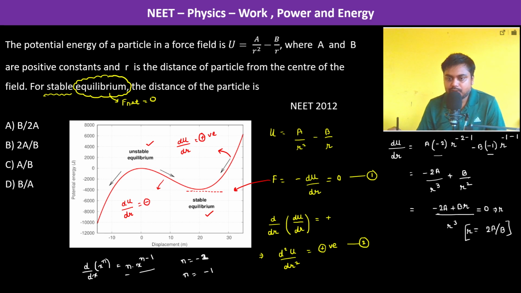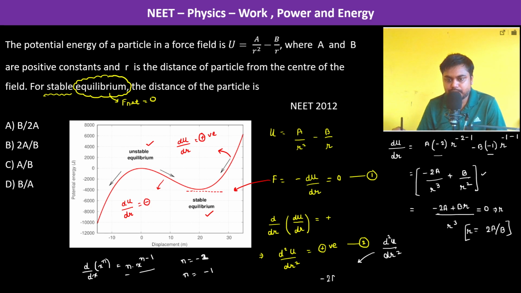Now we differentiate again and find out d2U by dR square. So we have to differentiate this now.